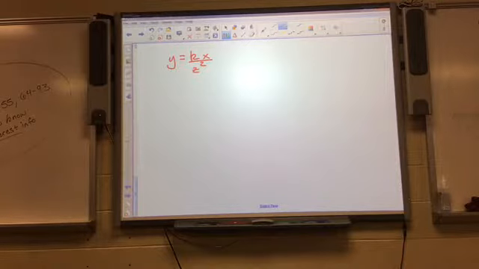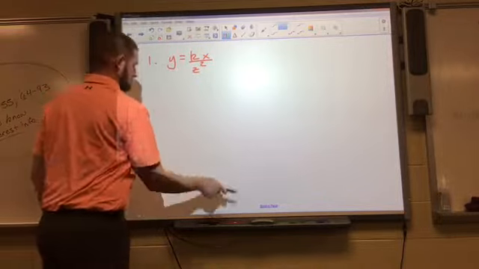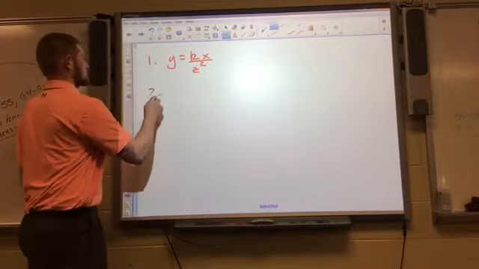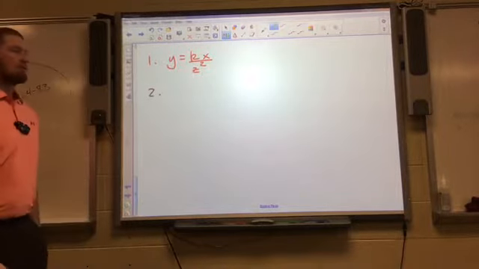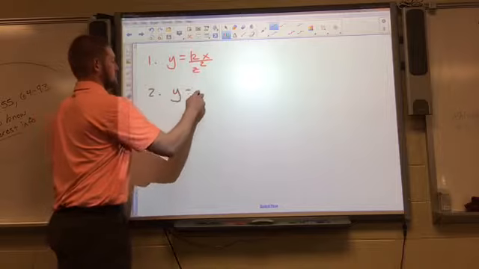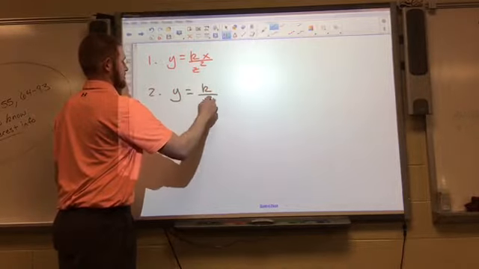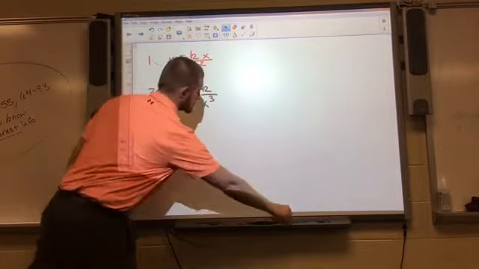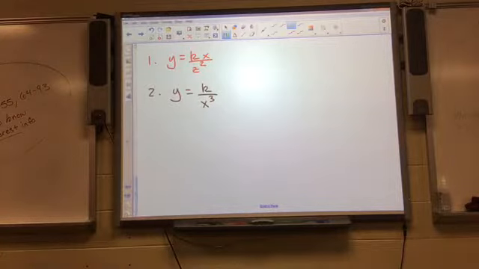Let's do another one here. I got 4 more of these. y varies inversely with x cubed. y equals k over x cubed. y varies directly with x squared and inversely with z.